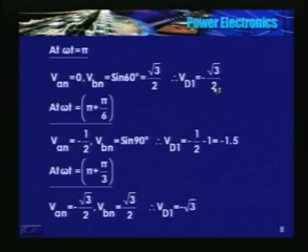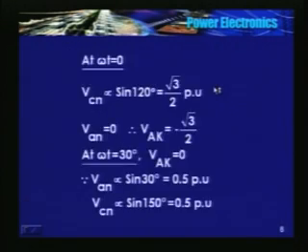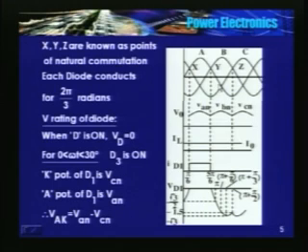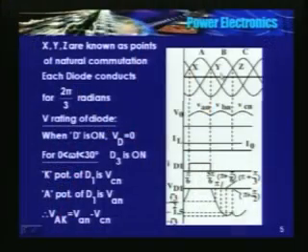So what happens at pi plus pi by 6? That is somewhere at this instant. Instantaneous value of phase A is now sine 210, and for phase B this is sine 90.